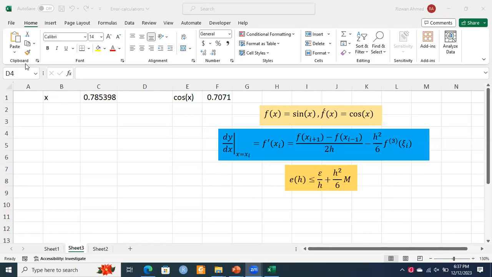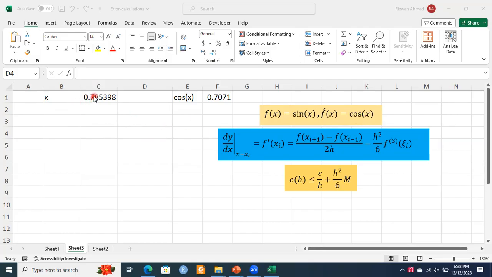The objective of this demonstration is to develop a relationship between the step size in numerical differentiation and the error computed from the analytical expression. So we have a function here, f of x equals sine of x, whose analytical derivative can be computed at any point x as cosine of x.